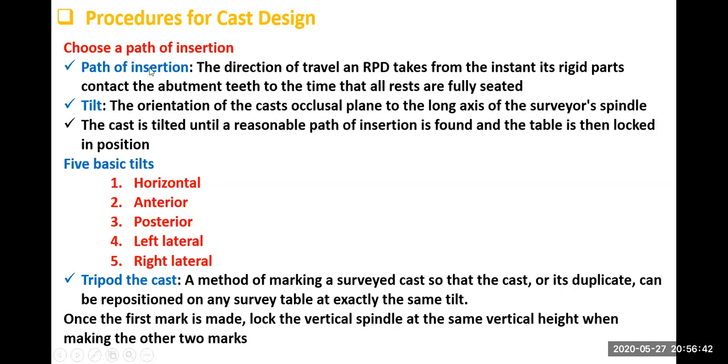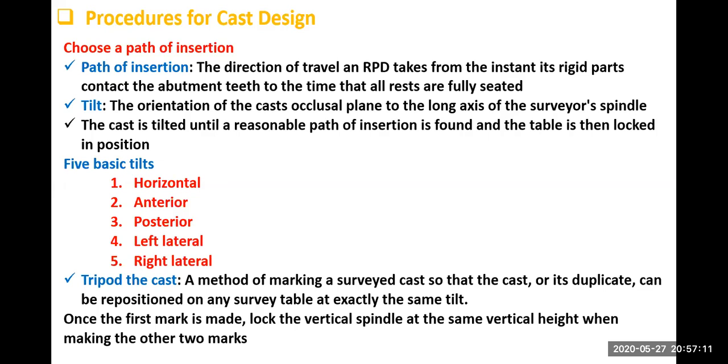And then we start by saying the path of insertion. The path of insertion is how this partial denture has to be placed in the mouth of the patient. It's going to be from anterior first, sitting down before you press down posteriorly, or it has to be placed down on one side of the mouth, maybe left or right, before the other side is pressed down.